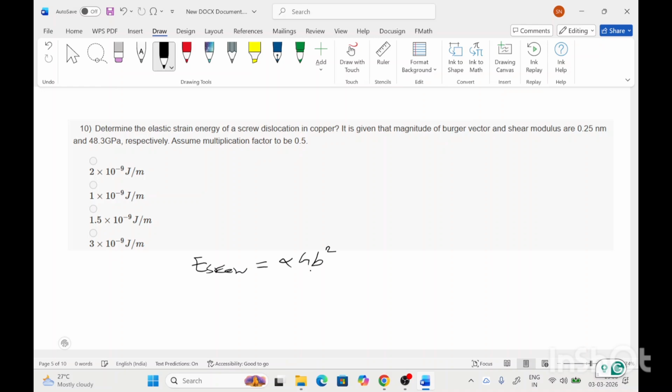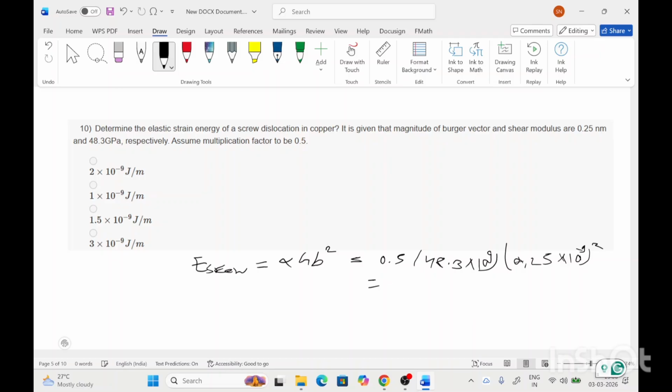If we write the common term, alpha is 0.5, G is 48.3 into 10 raised to power 9, multiplied by the Burgers vector, 0.25 into 10 raised to power minus 9, squared.